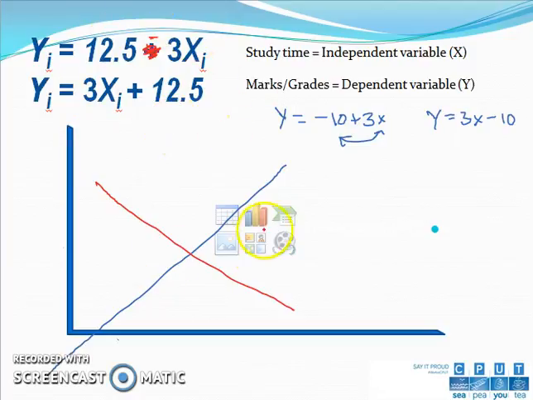Okay, so I just wanted to point that out, and this is what we know as interpretation of the model. So by looking at the model, we can interpret what it means, if we understand what the gradient is and we understand what the intercept means.